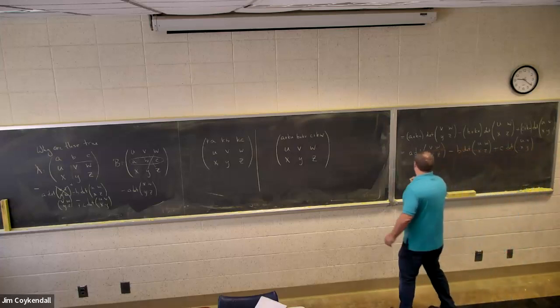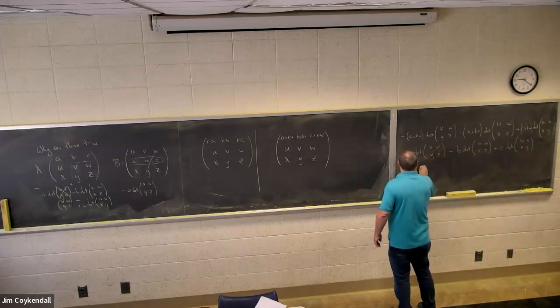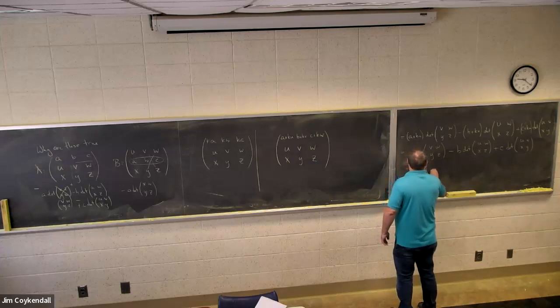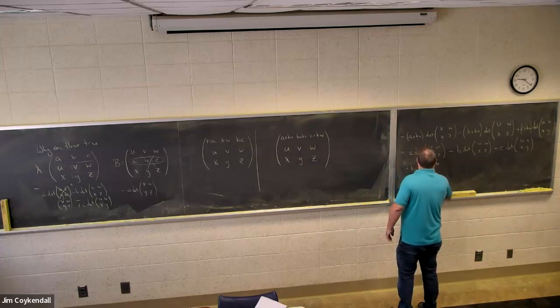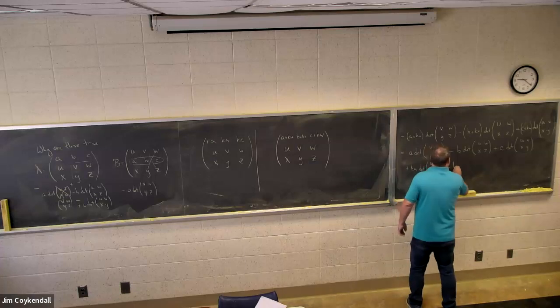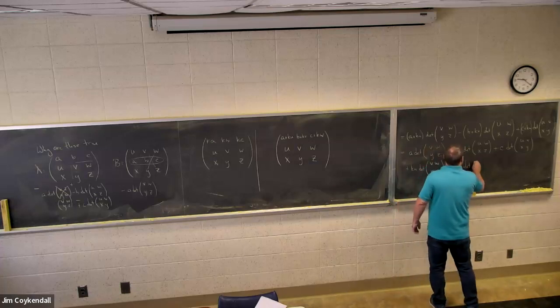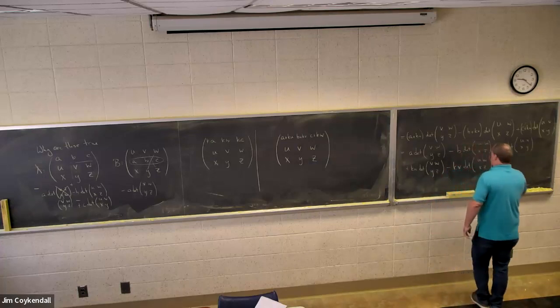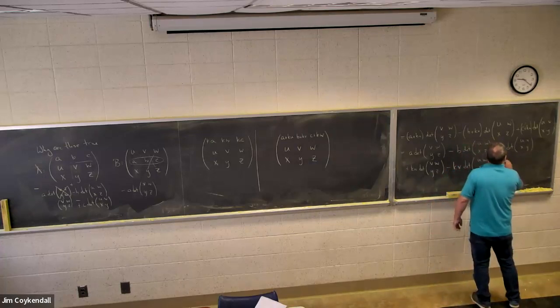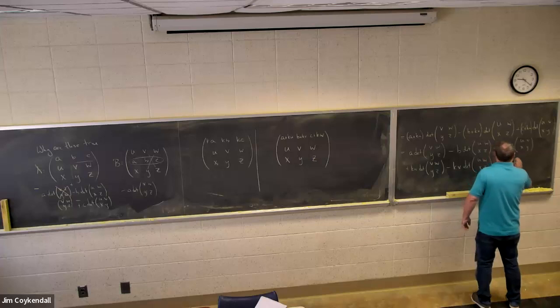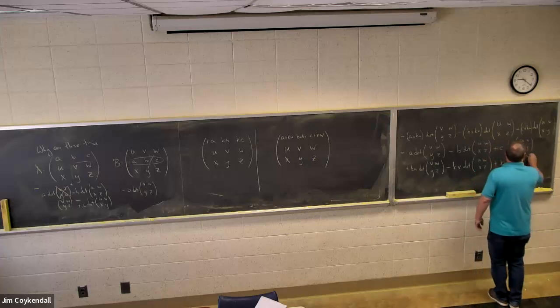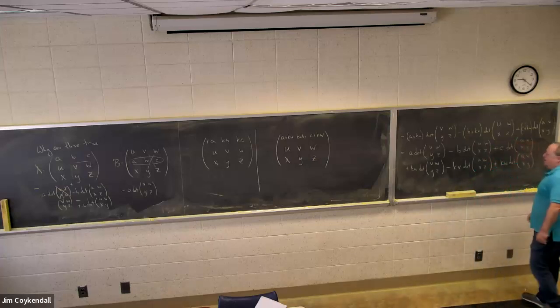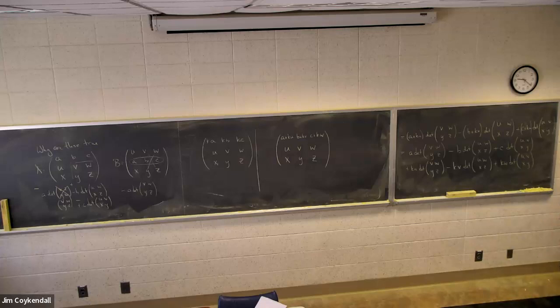And then I've got a KU times the determinant, minus KV times the determinant, plus KW times the determinant. Everybody okay with that?